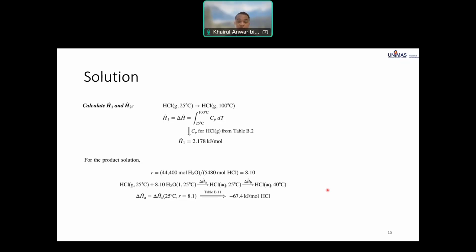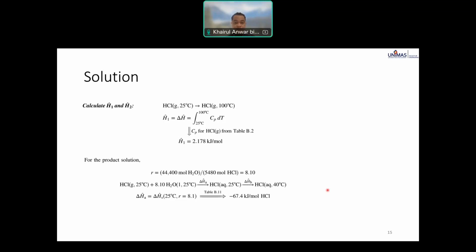For the product solution, R equals 44,400 mole water per 5480 mole HCl, equal to 8.1. So refer to Table B.11, R equals 8.1.